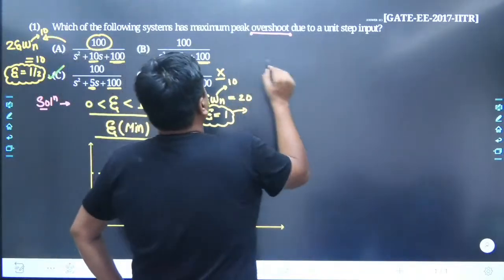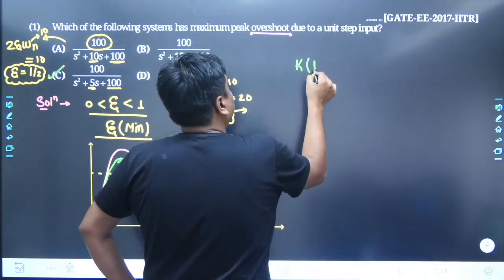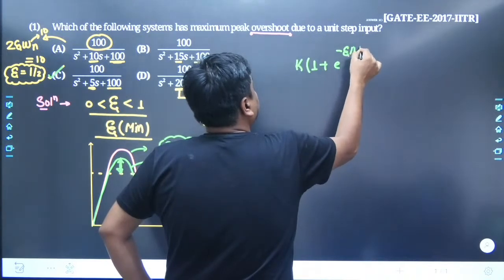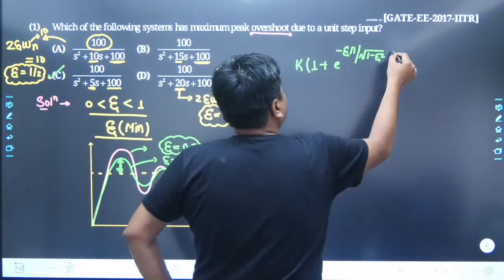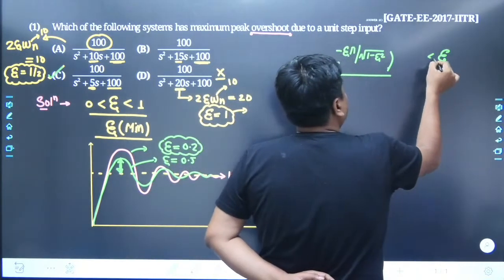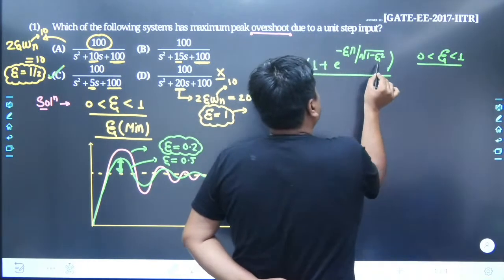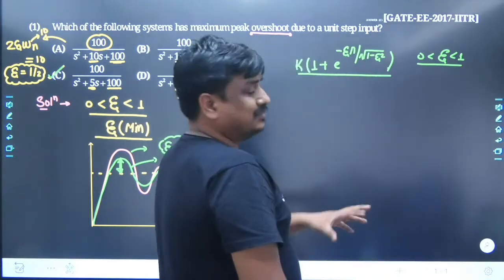And if we talk about maximum peak overshoot, that used to be k times 1 plus e to the power of minus zeta pi over root of 1 minus zeta square. And this concept is defined only when zeta is between 0 and 1. If zeta goes beyond 1, what would happen? The iota would be created, and it would become e to the power of iota theta.